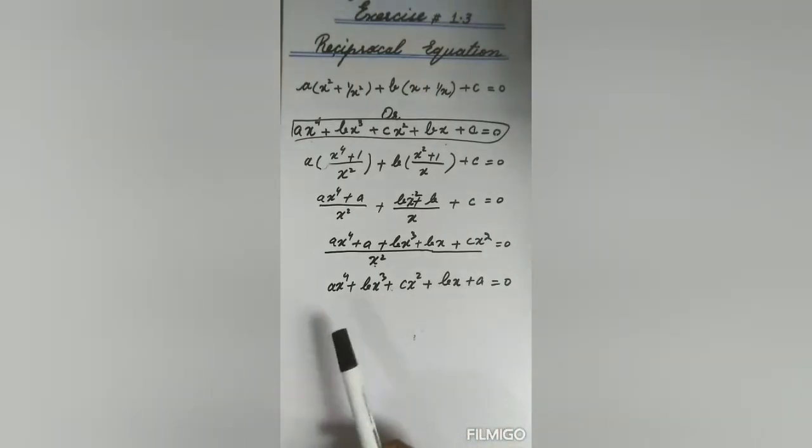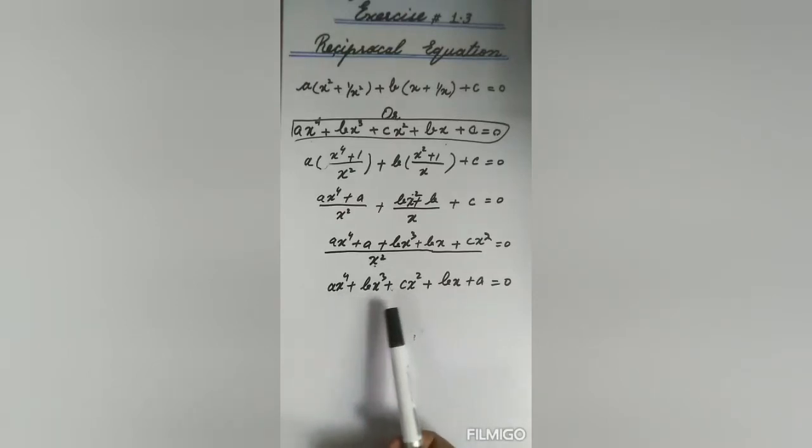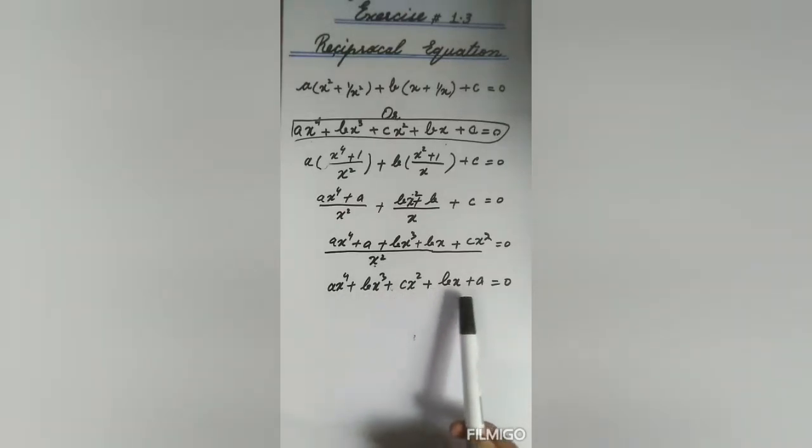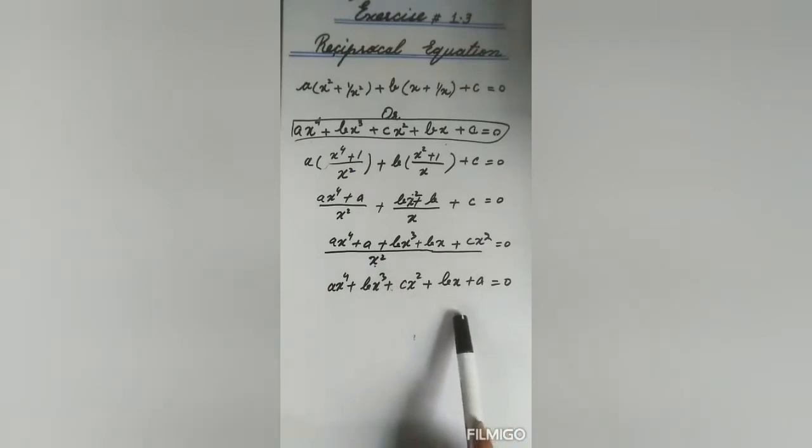And one more piece of information: the first value will be x^4, then the powers will be reduced one by one. Here it is x power 4, then the next one will be x cube, next x square, x, and then the constant. Have you observed that here the powers are reducing one by one? So such a type of equation will be called a reciprocal equation.